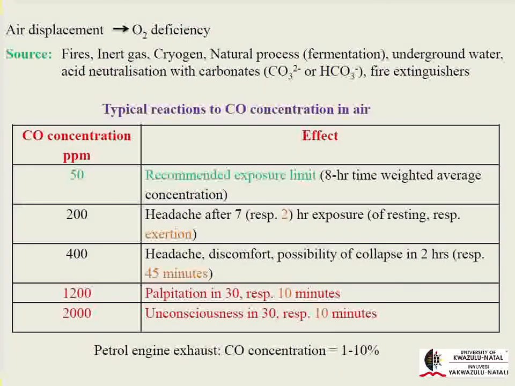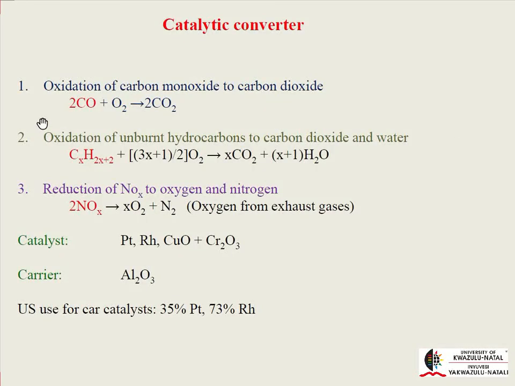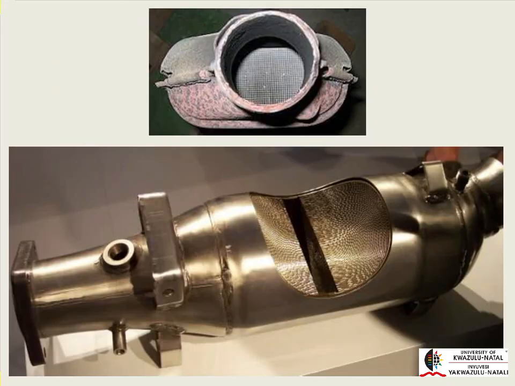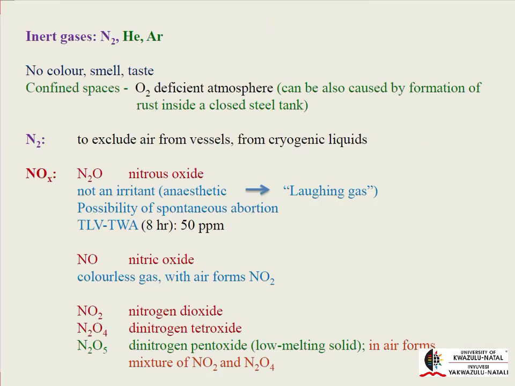It converts your carbon monoxide to much safer carbon dioxide, oxidizes your unburned hydrocarbons to carbon dioxide and water, and also reduces your NOx, which can stem from your fuel, converting it to oxygen and nitrogen. So those are some pictures of a converter.